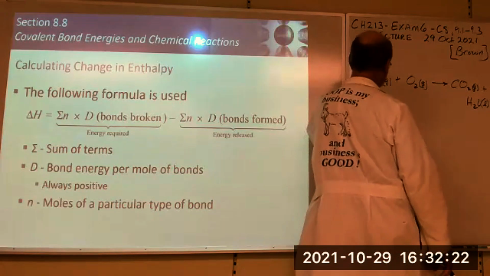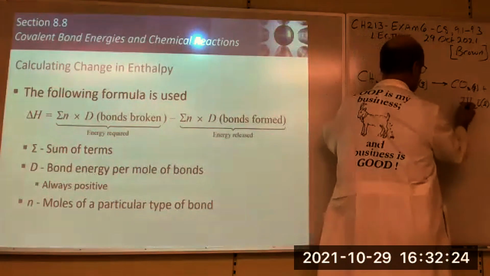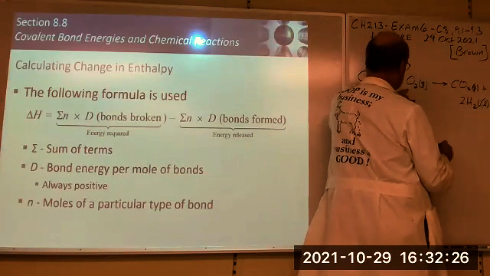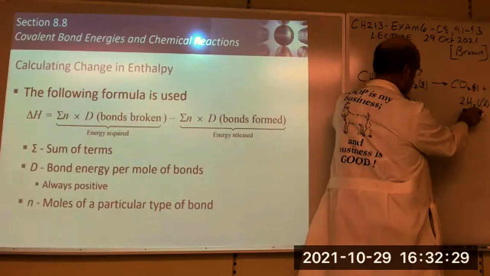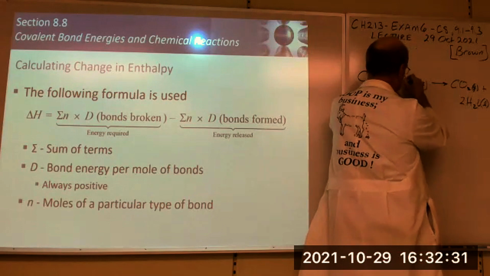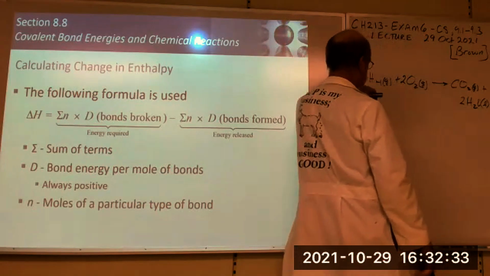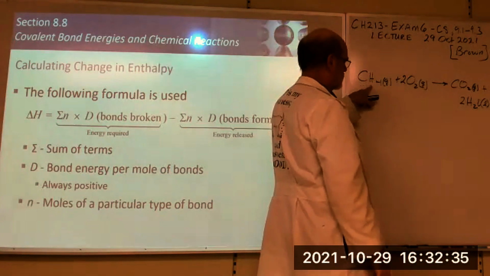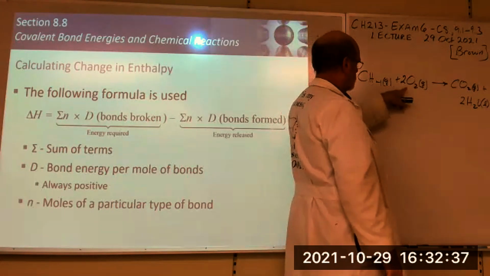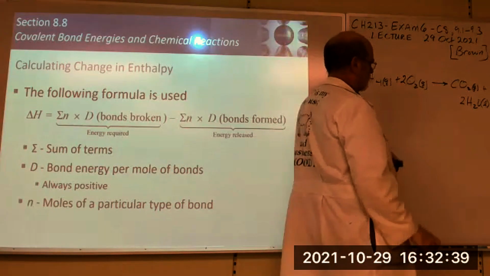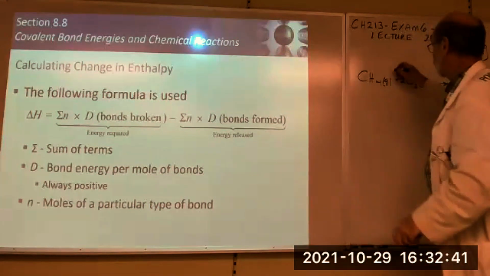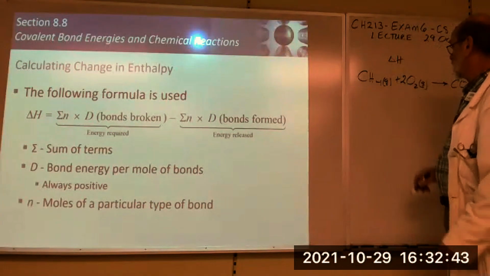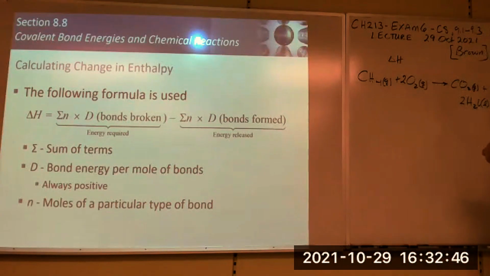So let's see, carbon, 4 hydrogens, 4 hydrogens. See, that means 2 oxygens, 2 oxygens, 4 oxygens. So that should be balanced. Yeah, that's balanced. Okay, suppose we want to know what the enthalpy of that reaction is. Well, I can tell you it's going to be exothermic.